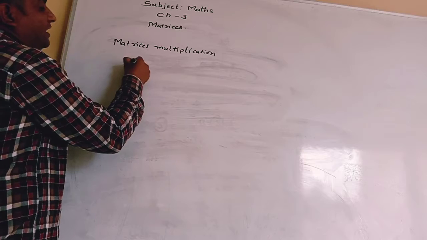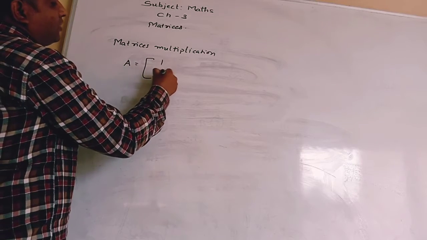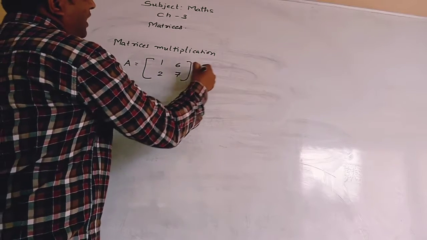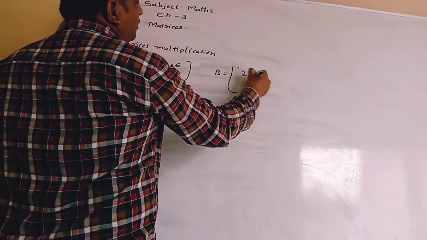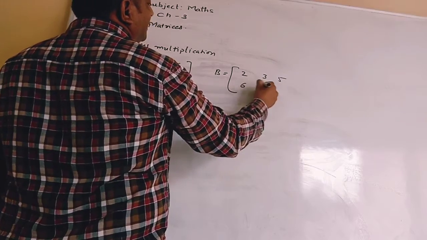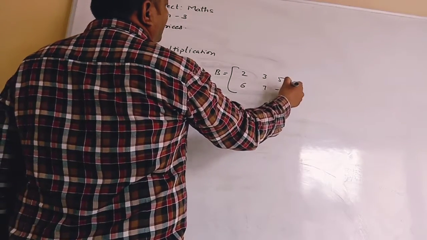Suppose A is given as 1, 2, 6, 7 and B is given as 2, 3, 5, 6, 7, minus 8.